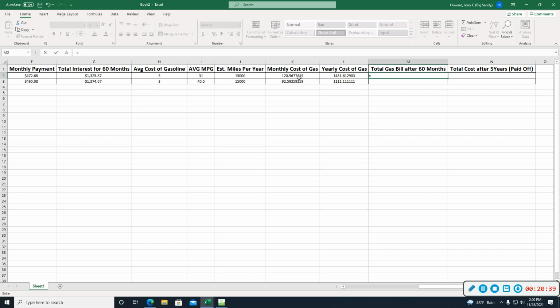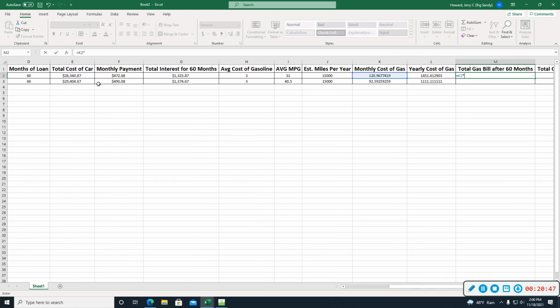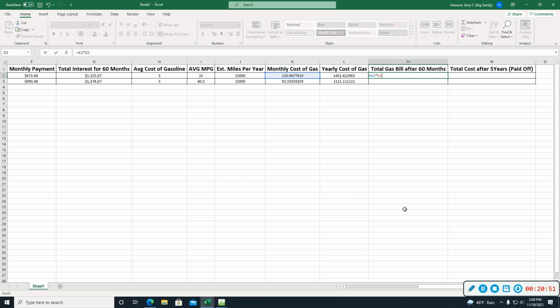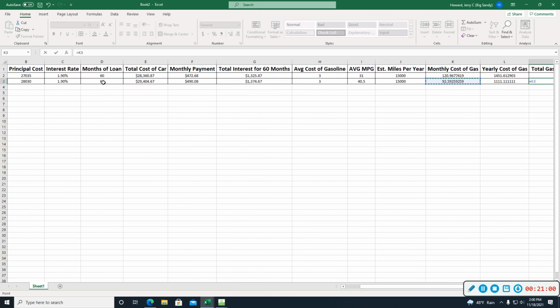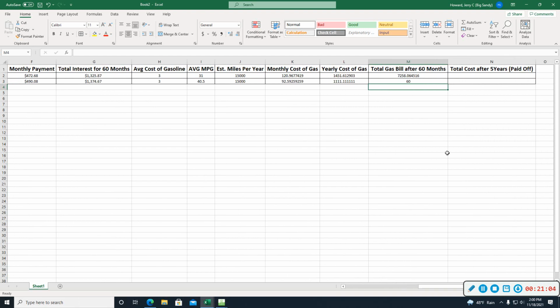So I want to do the monthly cost of gas times how many months we took the loan out for, 60. That way, if we change anything, everything updates accurately.